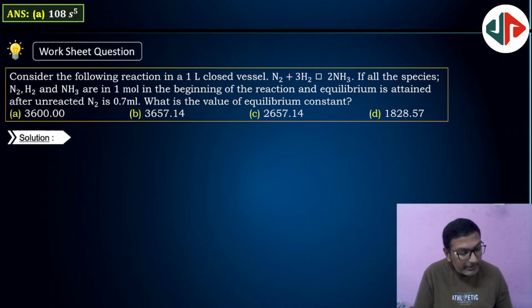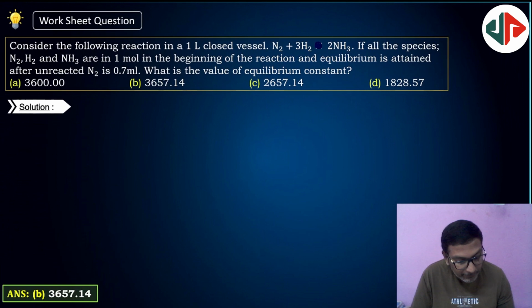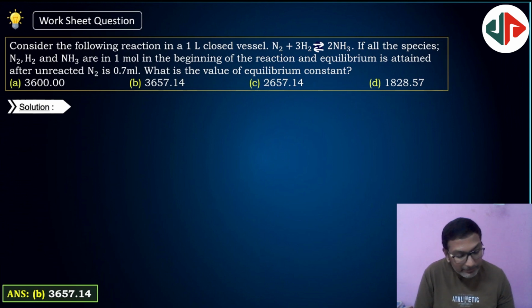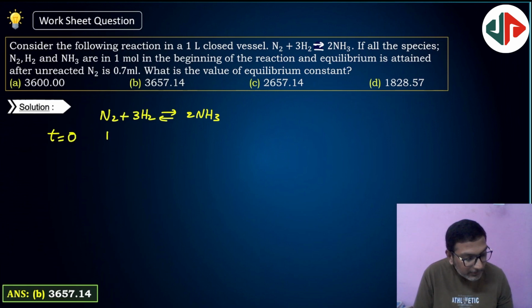Next. So here it is given, Haber's process, a reversible reaction. If all species N2, H2, NH3 are 1 mole at the beginning, we can calculate Kc for this. So first I will write N2 plus 3H2 reversible with 2NH3. At time t equal to 0, we are taking 1 mole.